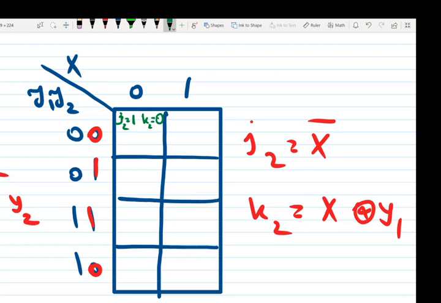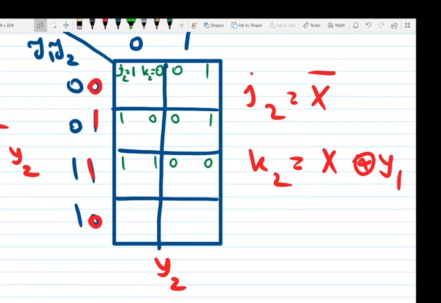So if we complete the entire cells like this, we will have 0, 1, 1, 0, 0, 1, 1, 1, 0, 1, 0, 0. For the last one, let's do it together. J is equal to X bar, X is 0, so X bar is 1.